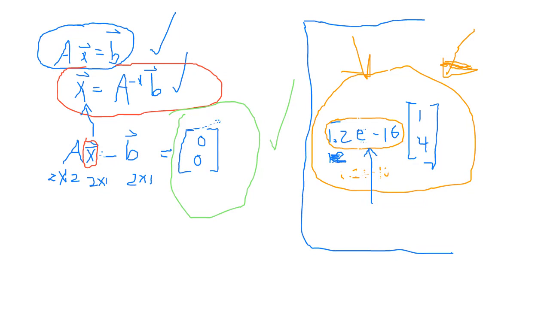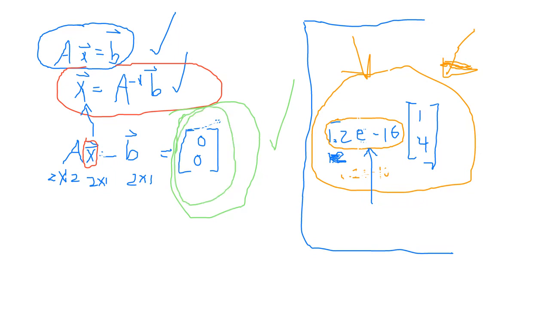So you're taking a vector, 1, 4, and you're multiplying it by a constant in scientific notation. So my hint is, again, you're thinking, oh, if my solution X is right, I should get the 0, 0 vector.